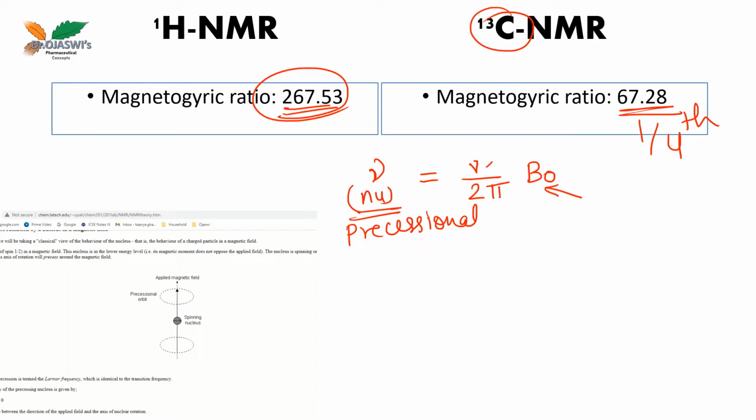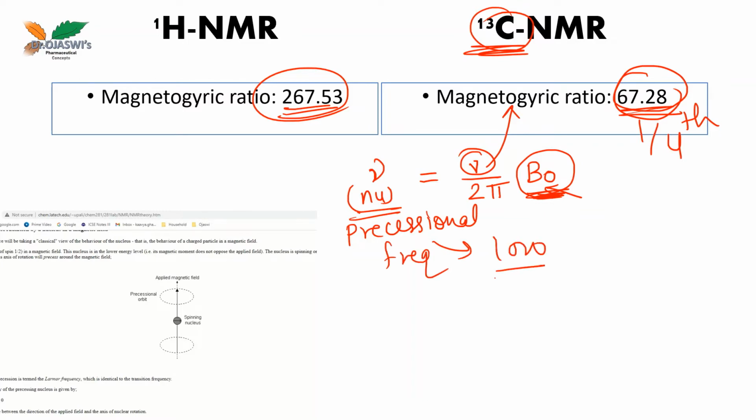If I apply a magnetic field, it is multiplied by the magnetogyric ratio. Since this value is very low for 13C, the resultant precessional frequency will also be very low for 13C. Therefore, 13C NMR resonance takes place at low values of precessional frequency.